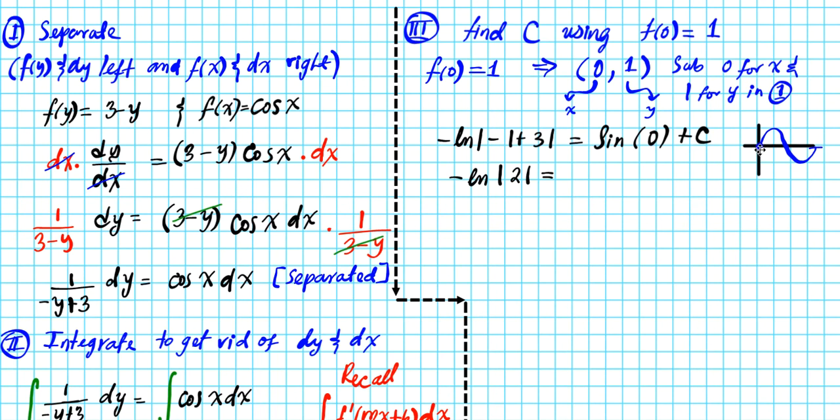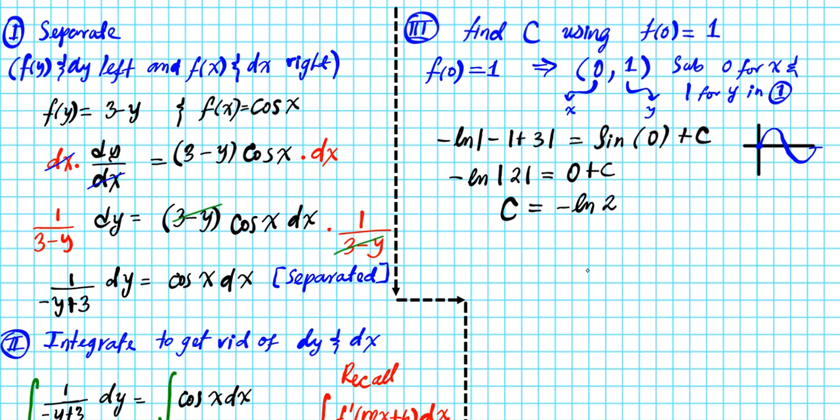Sine of 0 is 0. So we can clearly see that our constant of integration in this problem is negative natural logarithm of the absolute value of 2.